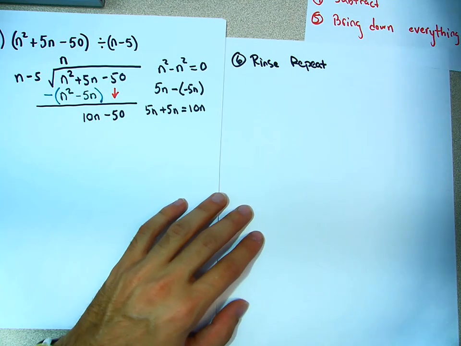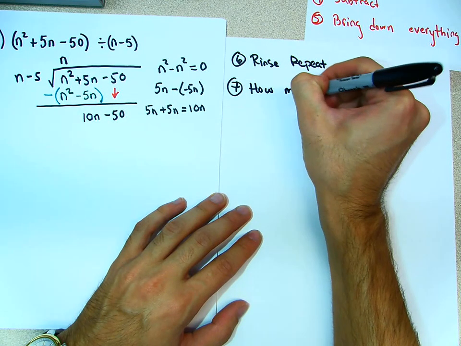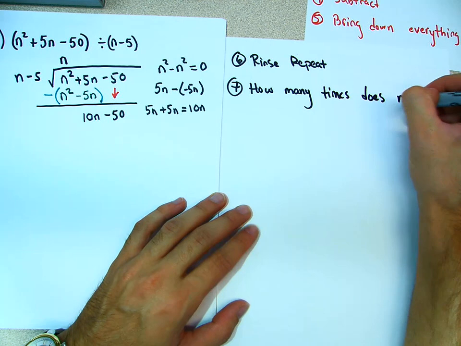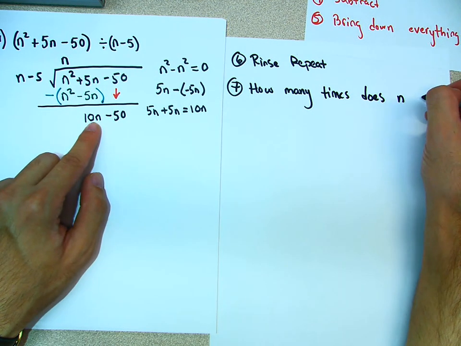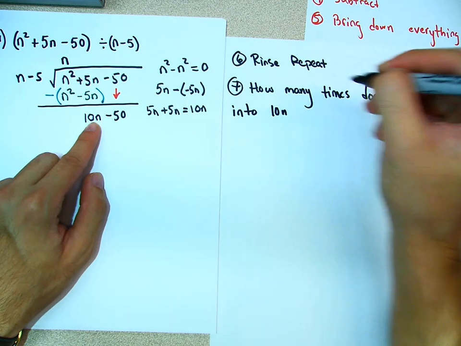Okay? So let's write that. Step 7: how many times does n, this n, go into the 10n?